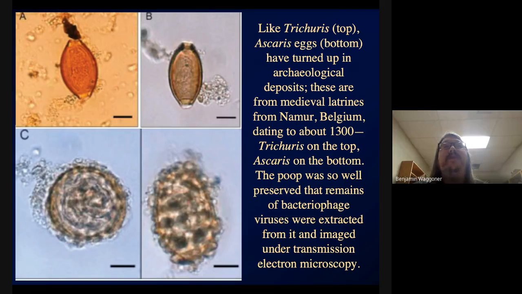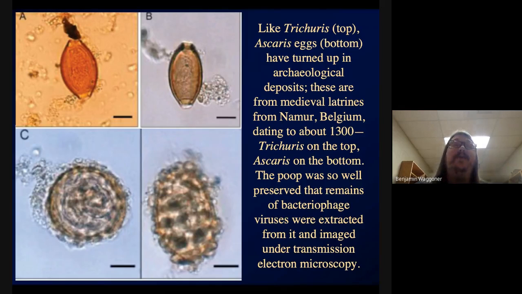And we mentioned that these have been found in Viking latrines and Greek and Roman remains, all the way back at least to the dawn of agriculture at Çatalhöyük in Turkey. Trichuris goes back that far. I'm not sure how far Ascaris goes back, but it's probably very close to going back that far.